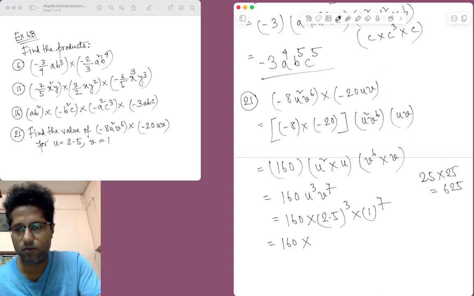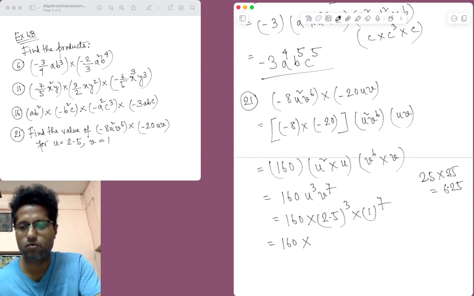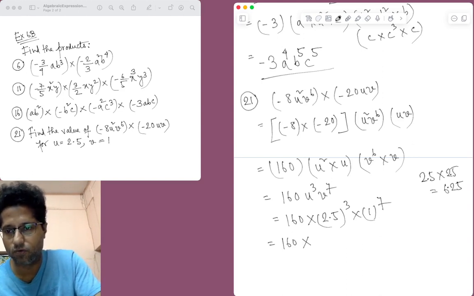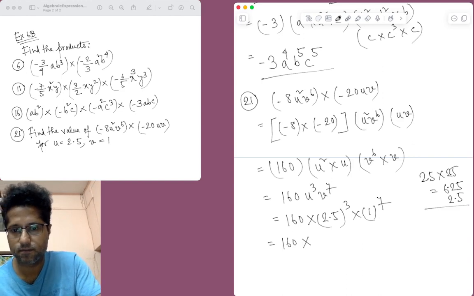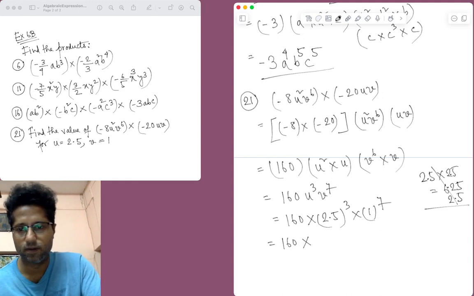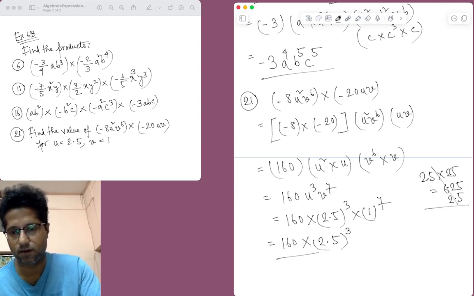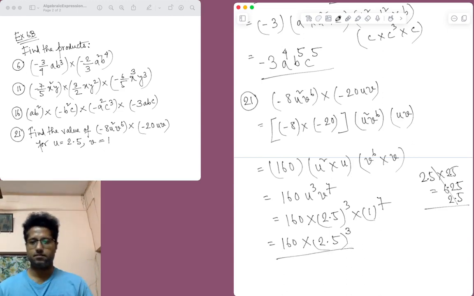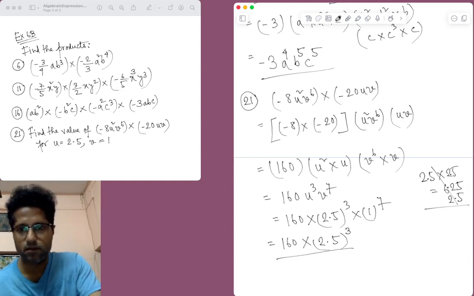Anyway, I'm not doing this calculation. You can do it. So this is nothing but 160 multiplied by 2.5 cube. Please do the calculation. I'm sorry, I will not do the calculation. This will be the result.